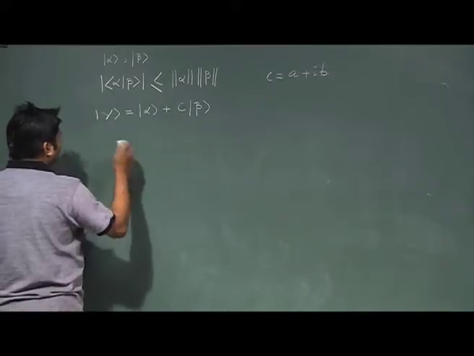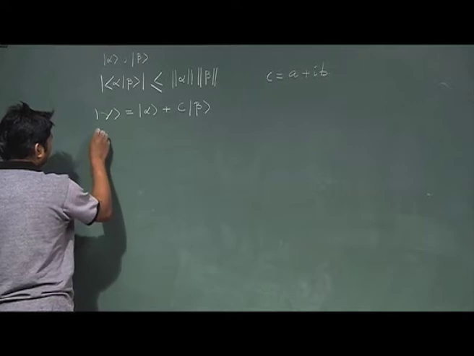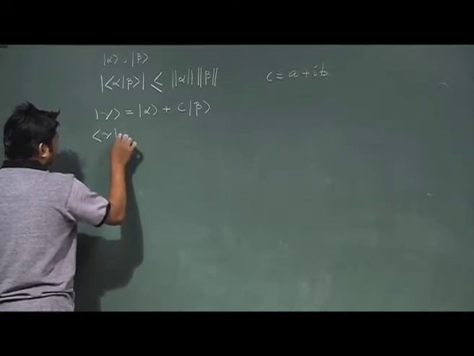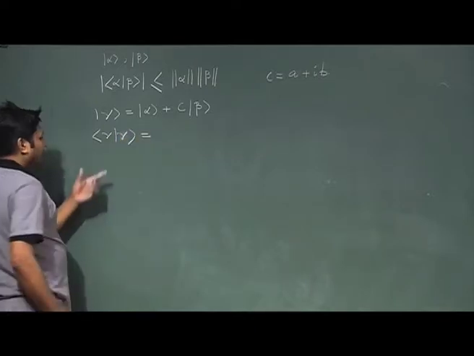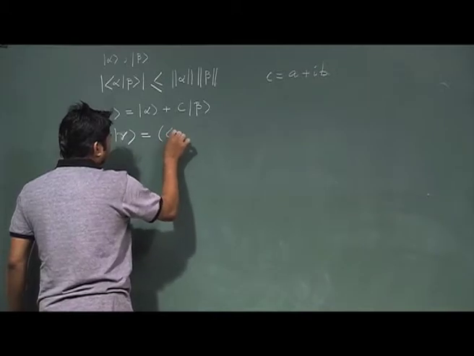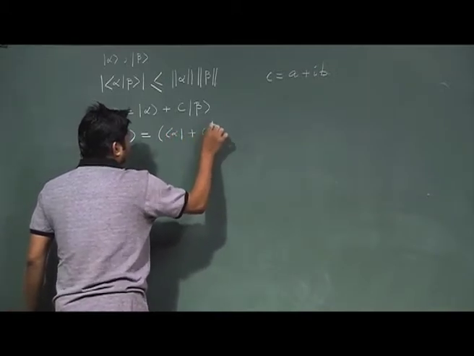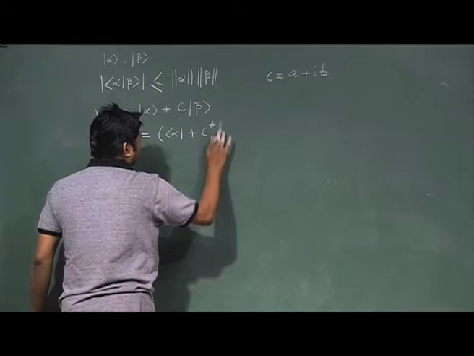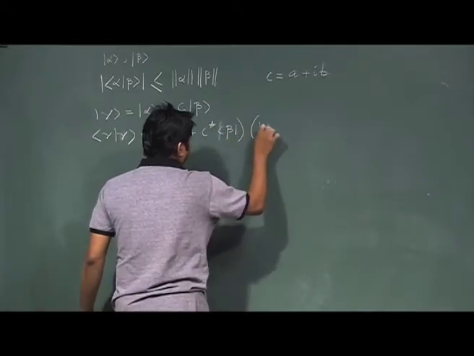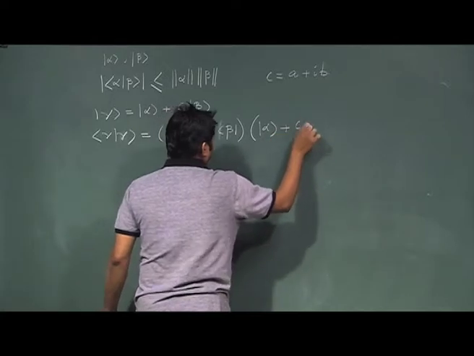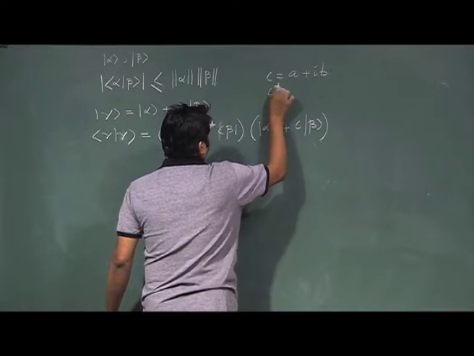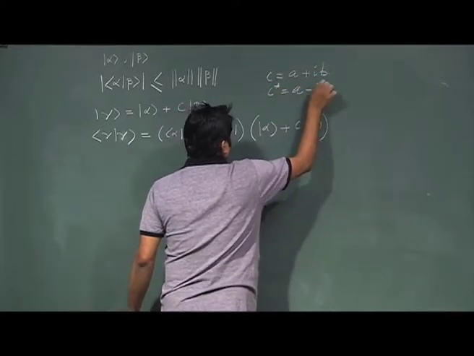Now if I calculate these things, what equation should I write? This plus c star b multiplied by alpha plus c b. Mind it, c star will be a minus ib.